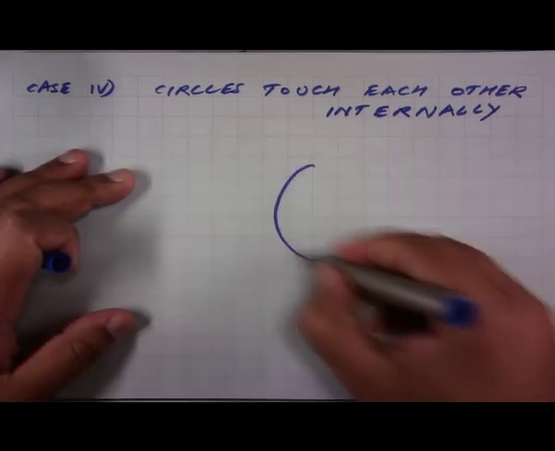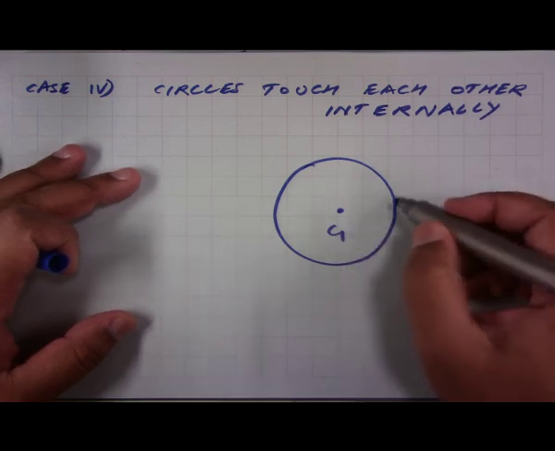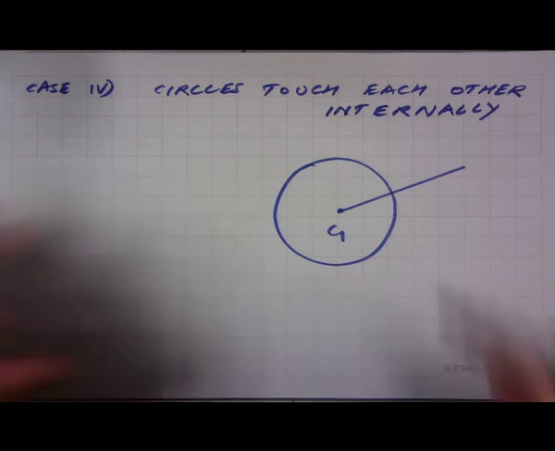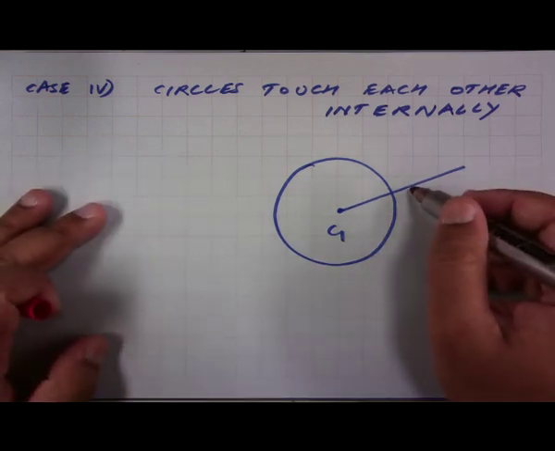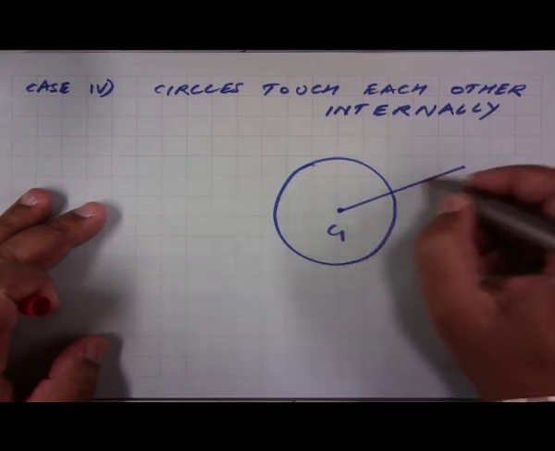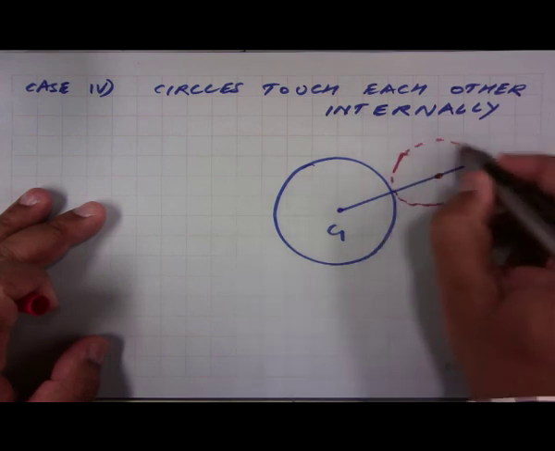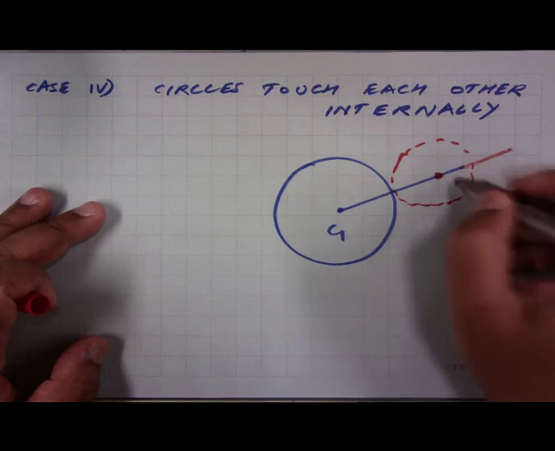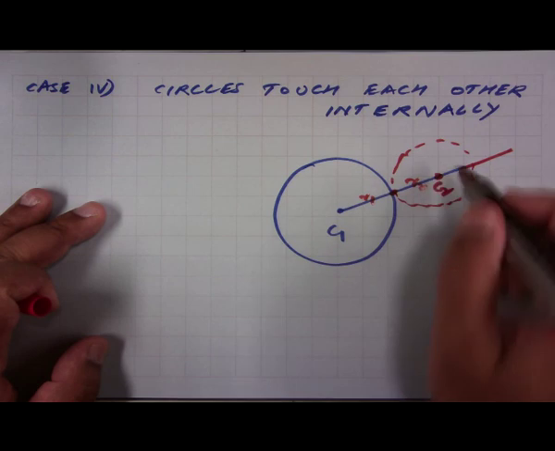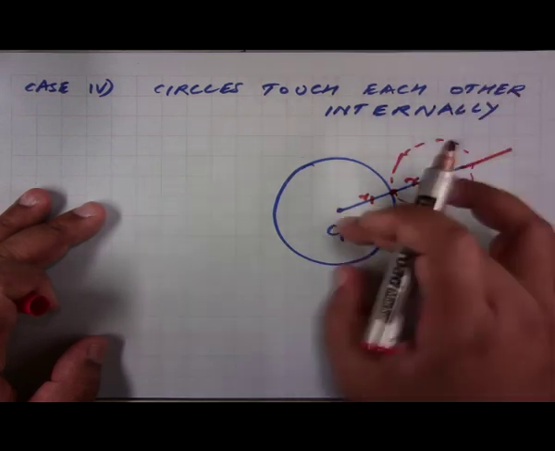And then of course, we have the case where the two circles are going to touch each other internally. So, if we move the center of the smaller circle even closer to C1, then in the previous case, case 2, the distance between the centers was r1 plus r2, and then we moved this circle a little closer along the same line joining the centers.